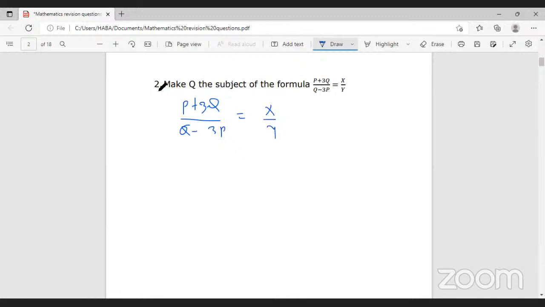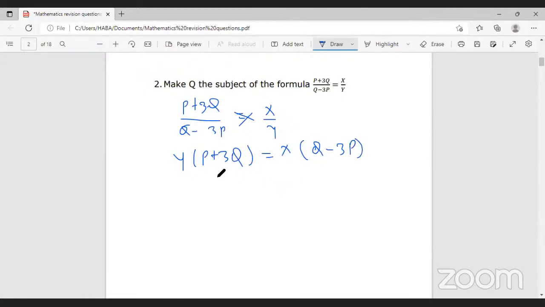I'm just thinking that we are going to cross multiply. Okay, cross multiplying works better. So we get Y into (P plus 3Q) equals X into (Q minus 3P). Then after this, we open brackets.